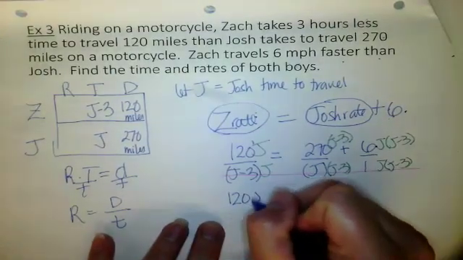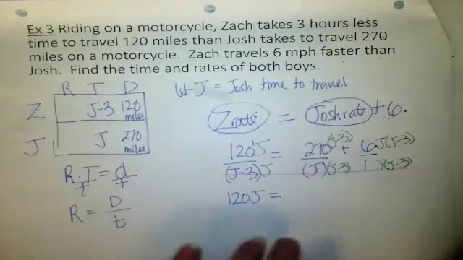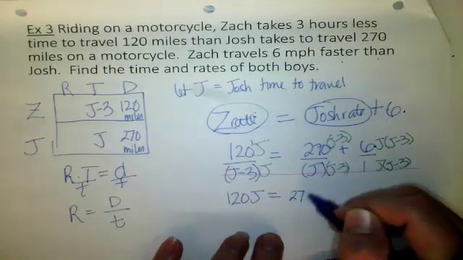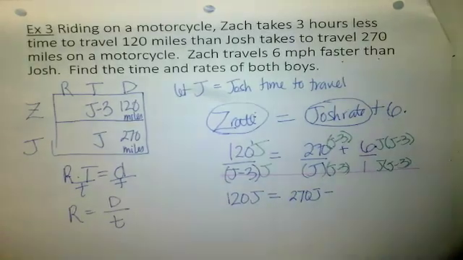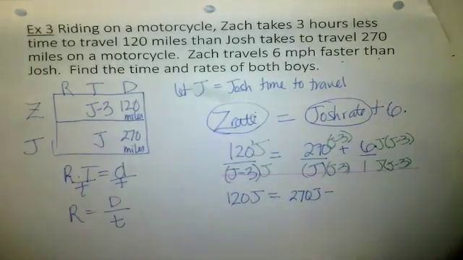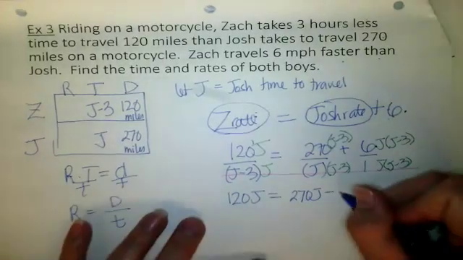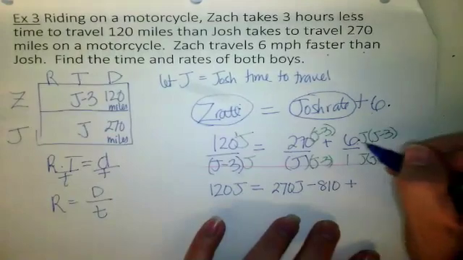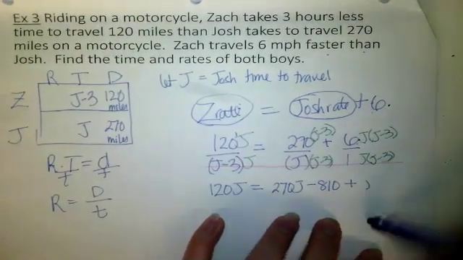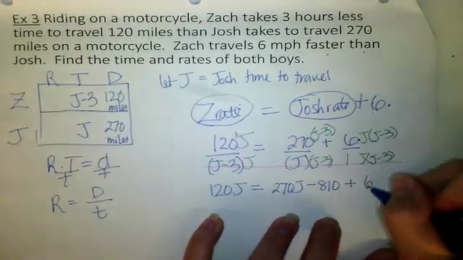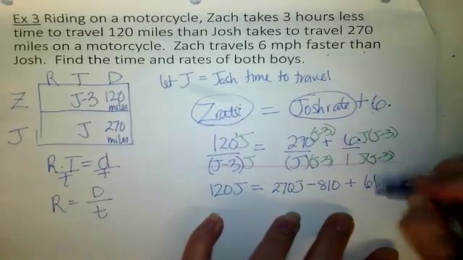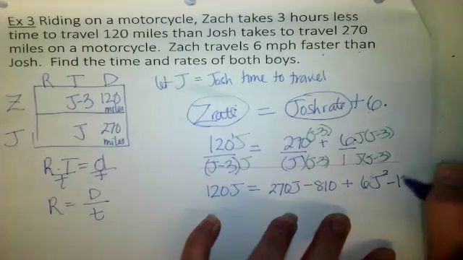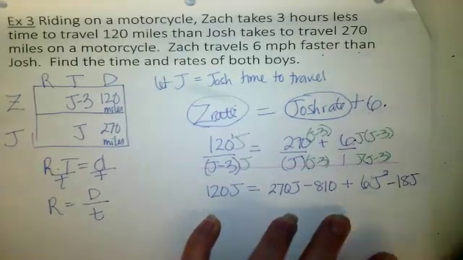So 120j equals, big numbers, 270j minus 270 times 3, which is 810, minus 810, plus 6j squared, minus 18j.